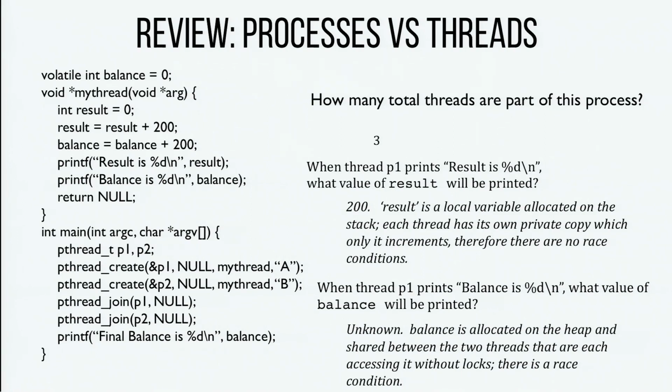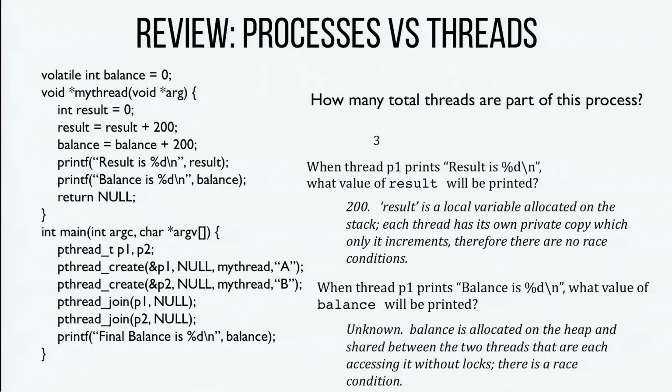Right. So volatile is a keyword for the compiler. If we didn't use that keyword, the compiler would think it could keep balance in just a register, which would give us even worse results than if we kept it in memory. So we do have to keep it out in memory so that multiple threads can be accessing it with locks and do synchronization.